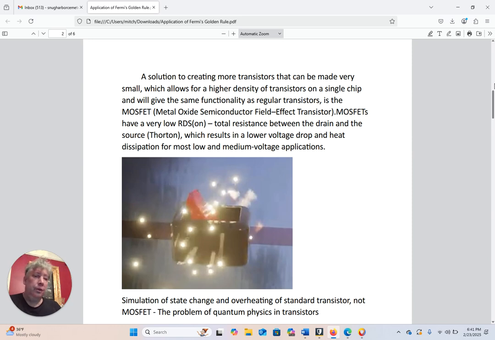This results in lower voltage drops and therefore less heat dissipation for most low and medium voltage applications. There's no doubt that MOSFETs can get hot if you have a high voltage application rather than low or medium. In those cases, you're still going to need a pretty good heat sink. But for most low and medium voltage applications, you're not having the problem you're seeing here in the simulation with the overheating of the transistor.